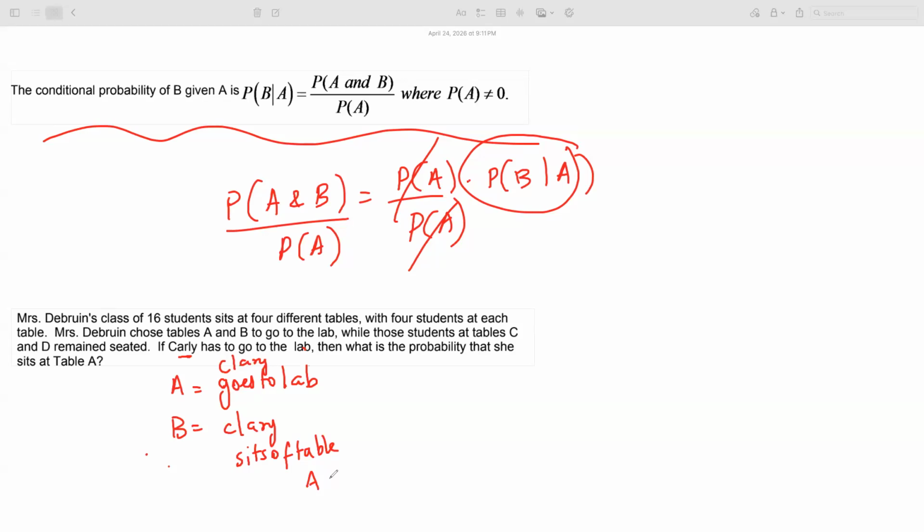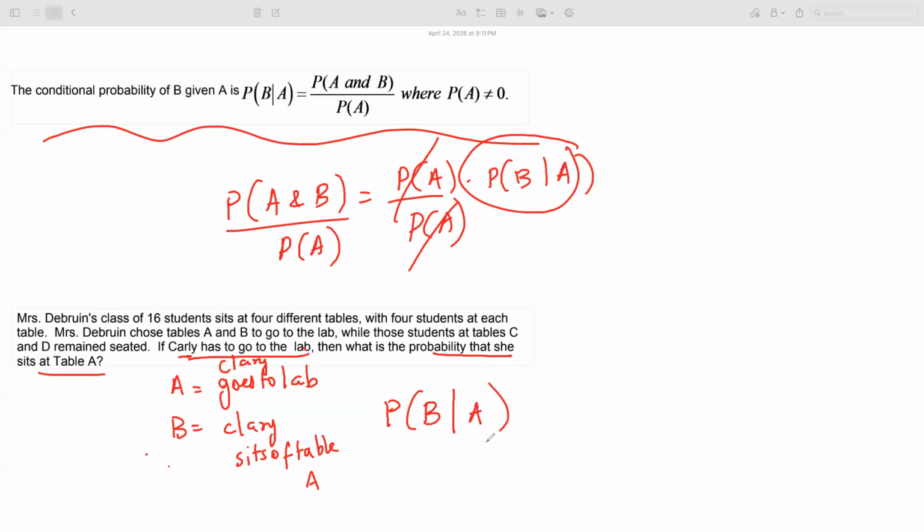What are they asking now? They are basically asking, what is asked here? Probability that she sits at table A, right? Given she has already gone.